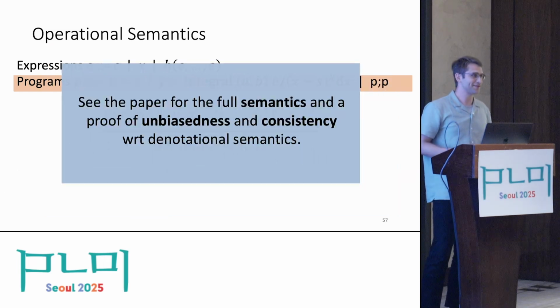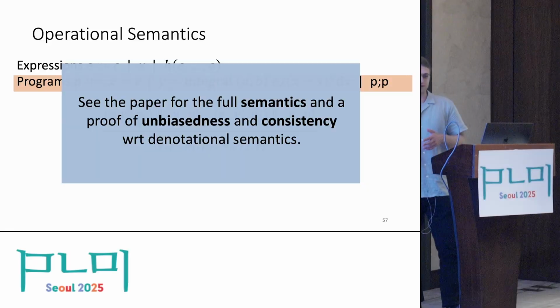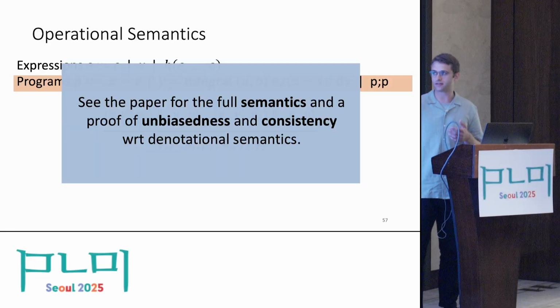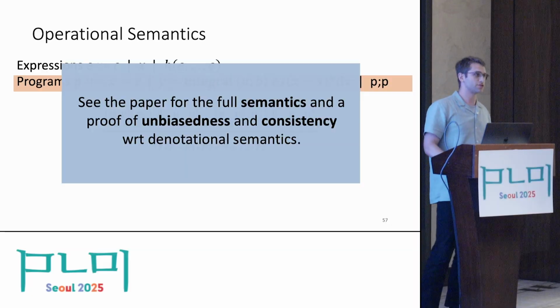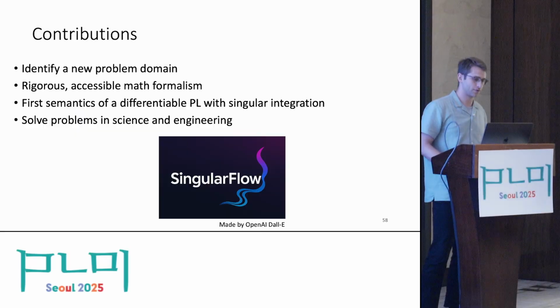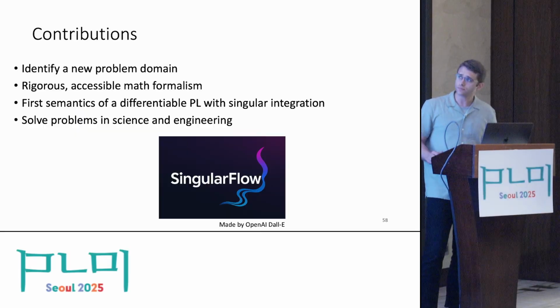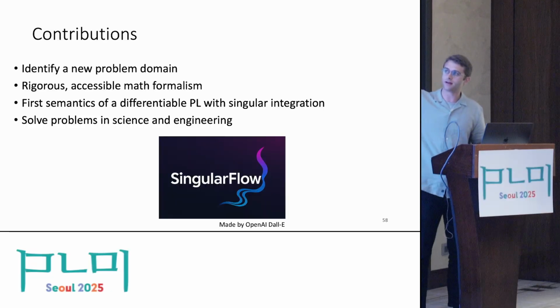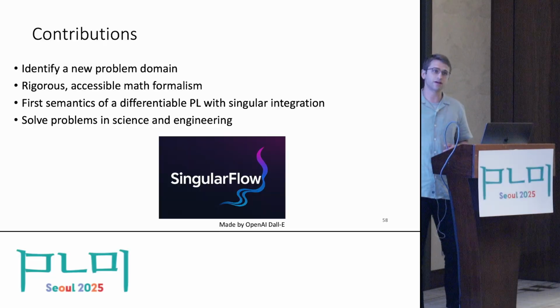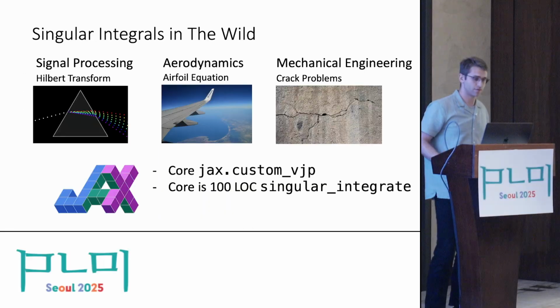All right, so you can see the paper for the full semantics, operational semantics, and a proof that the operational semantics is an unbiased and consistent estimate of the denotational semantics. And now just going back to the contributions: we've talked a little bit about the math, a bit about the formalism, and now we're going to talk about a few more applications.